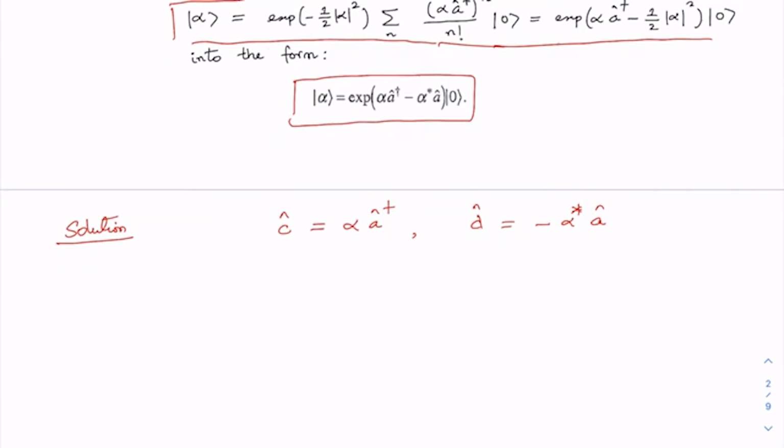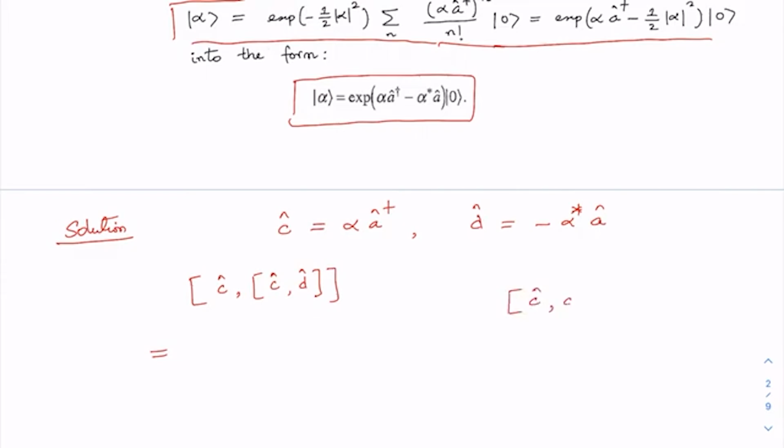To do that, we have to show that C should commute with the commutator [C, D], right? So let us find it out first.